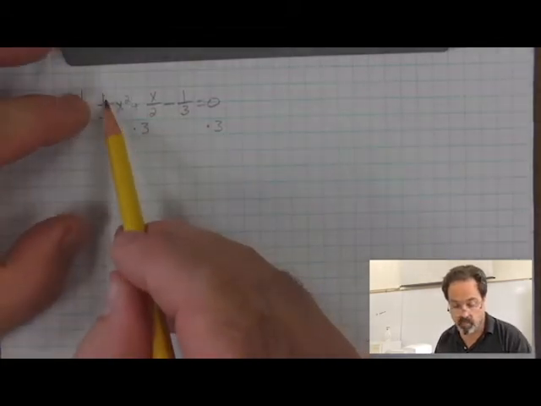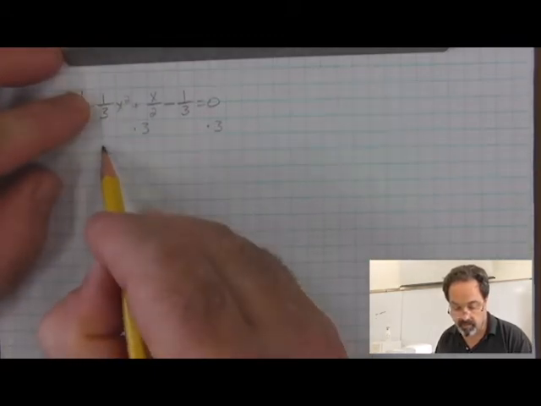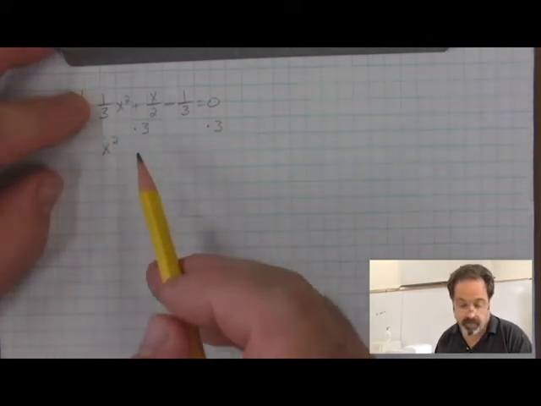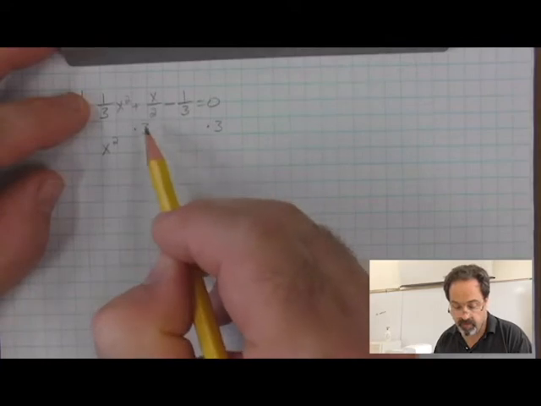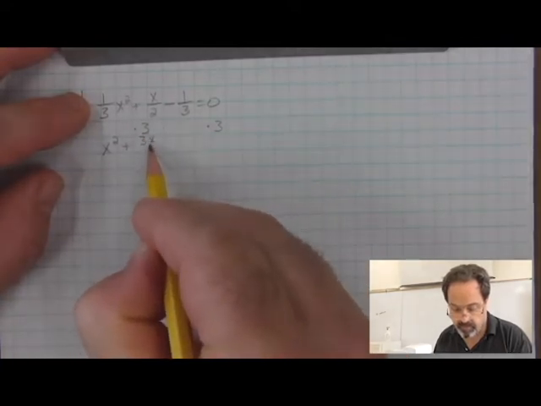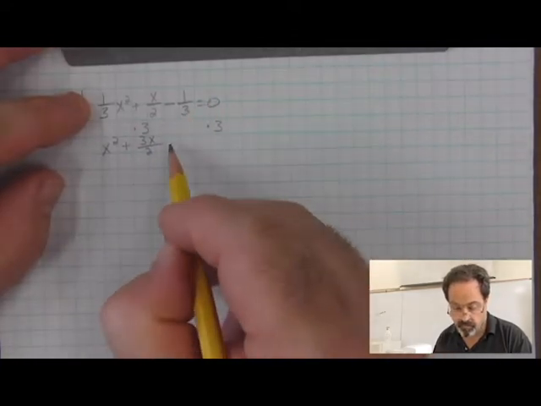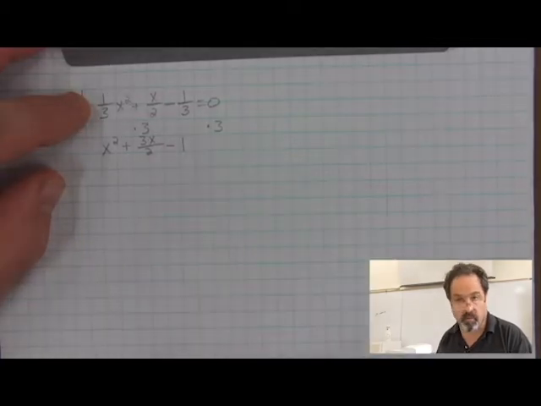That means that this 1/3 x squared, when multiplied by 3, becomes just x squared. It's like we got rid of the fraction. X divided by 2 times 3 is still going to be a fraction, in this case 3x divided by 2. But the fraction 1/3 after I multiply by 3 is going to become simply just 1.